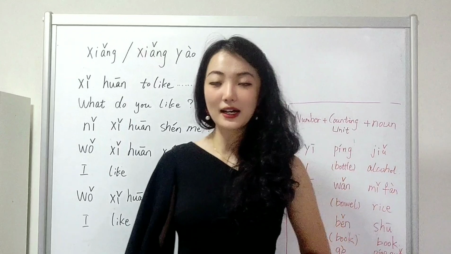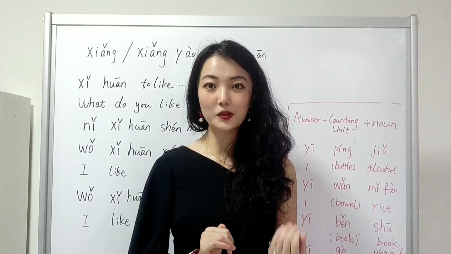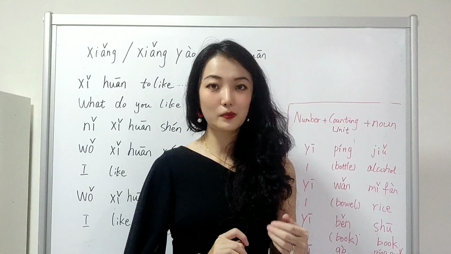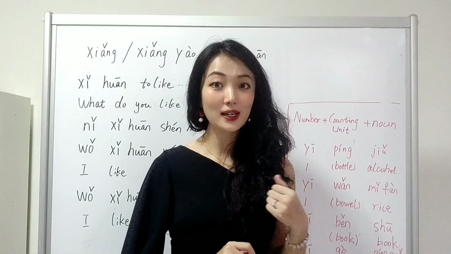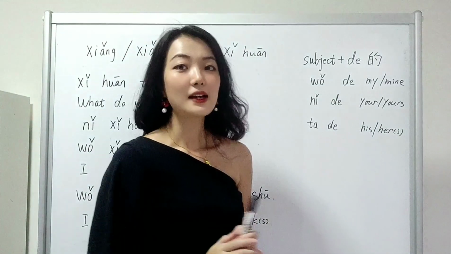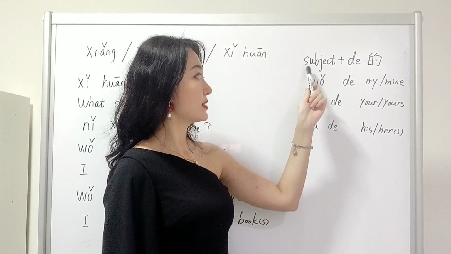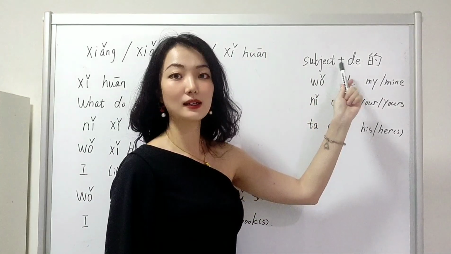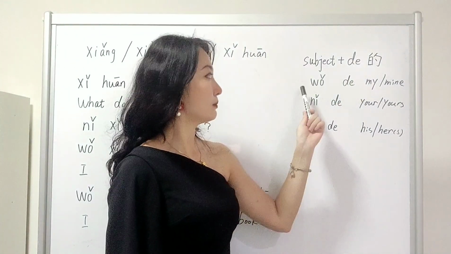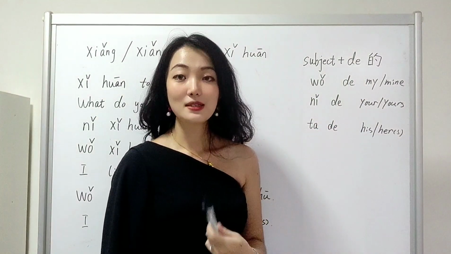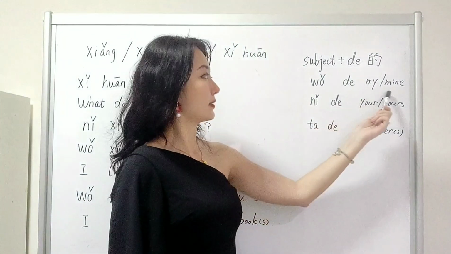So let's have a look at the pronouns, how to express mine, your, his, or her. It's very easy to use pronouns in Chinese. It starts with the subject and then plus a 的. So for example, 我的 means my or mine.